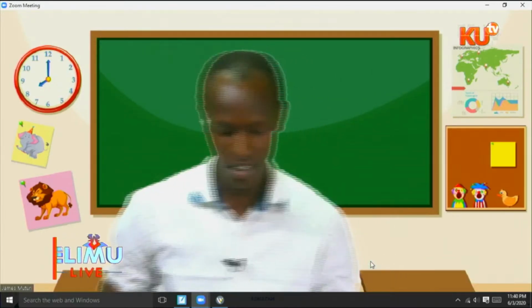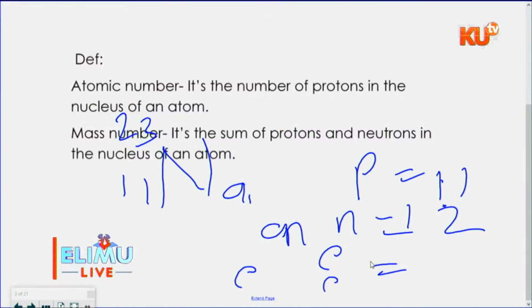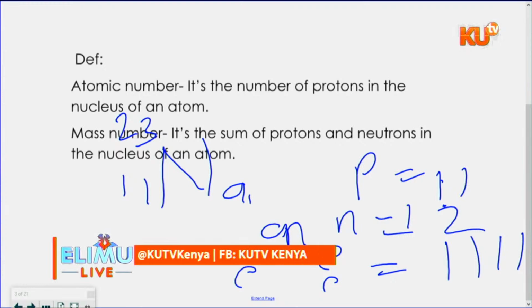So if the number of protons is 11, the number of electrons should also be 11. And that's how we use atomic number and mass number to know how many protons, electrons, and neutrons an atom has. 12 plus 11 gives you 23.